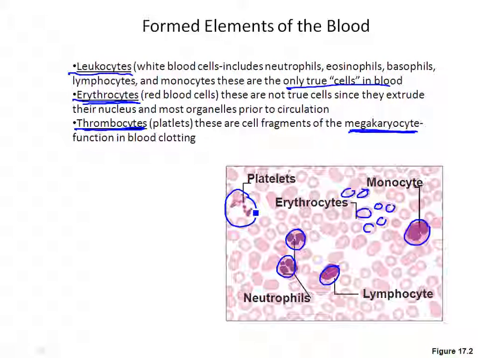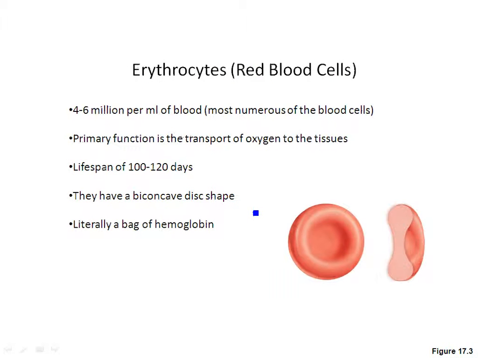Now, the platelets are important in blood clotting, and they have a very short lifespan. They only last for about 5 to 10 days in circulation. So you're constantly having to reproduce those, and that's called thrombopoiesis, when you make new platelets or new thrombocytes. But we're going to talk today mostly about erythrocytes and how everything works with those.